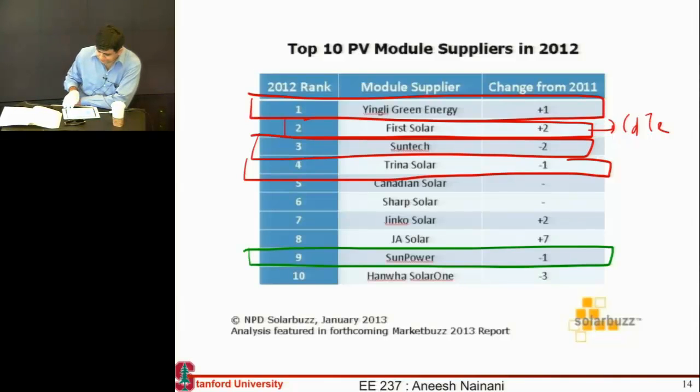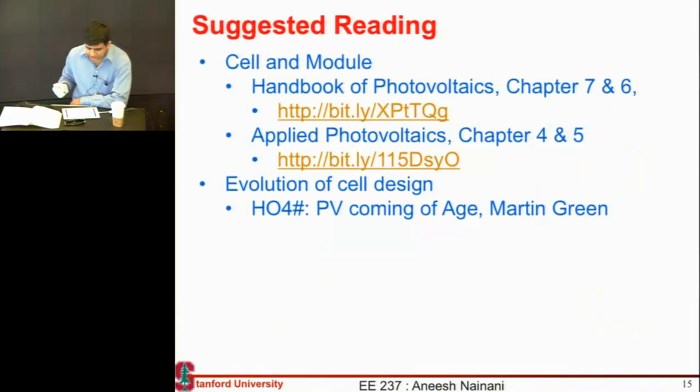Okay. So at the end of every module, I give some resources for you to go and look at. For reading about how these cells and these modules are assembled, a good resource is this Handbook of Photovoltaics. It's a new book, it came out in the last 2 years, and it's available for free for all Stanford students.